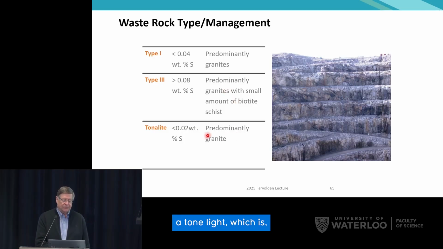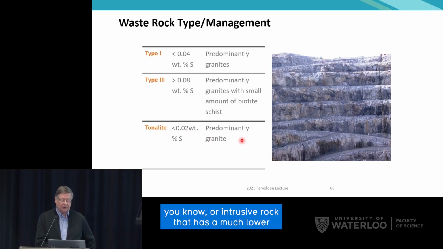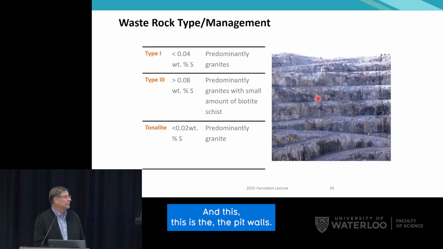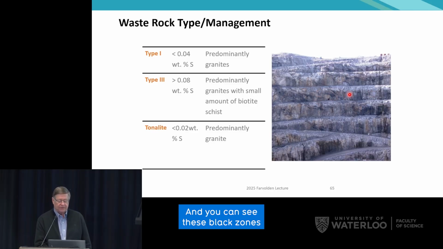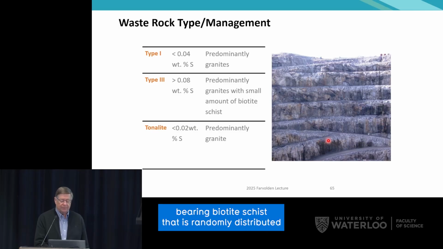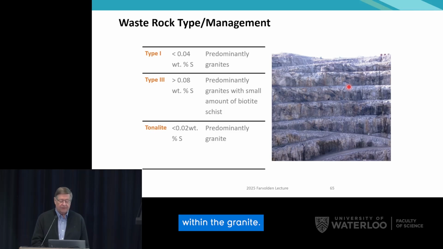In addition, there's a tonalite, which is an intrusive rock that has a much lower sulfide content than either the type 3 or the type 1 rock. And this is the pit walls, and you can see these black zones within the pit walls, and those are the sulfide-bearing biotite schist that is randomly distributed within the granite.